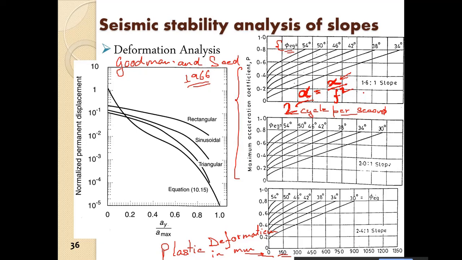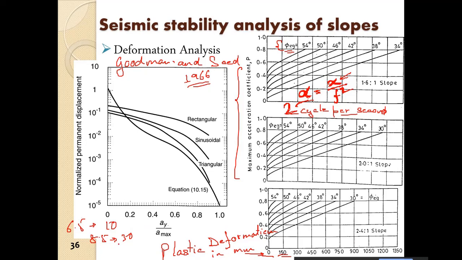So suppose there are n numbers of cycles in the earthquake. As we have discussed, magnitude 6.5 may have maybe 10 numbers of cycles, then magnitude 8.5 may have 30 numbers of cycles. In that case we have to multiply that with the numbers of cycles. Then we will get the total displacement.